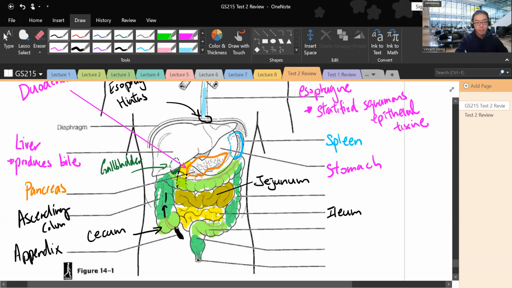Goes up. Transverse, there's no label for that, but you know it's called transverse. We have the descending colon. Going sideways, that's the sigmoid. Sigmoid colon.